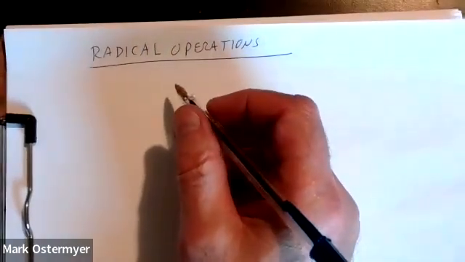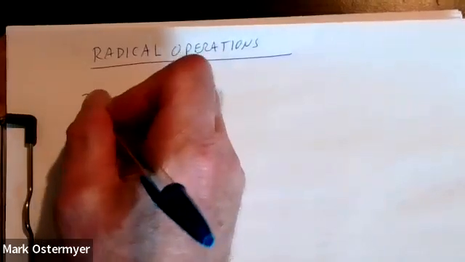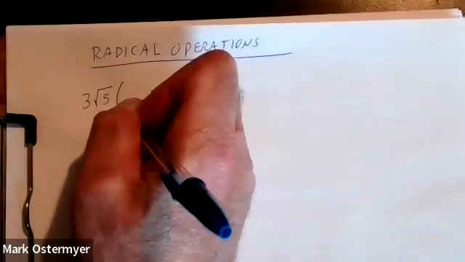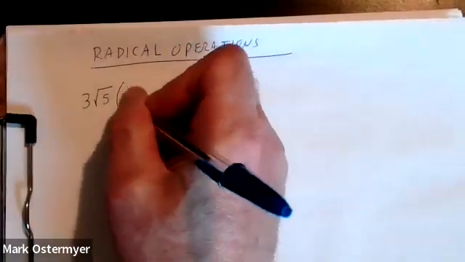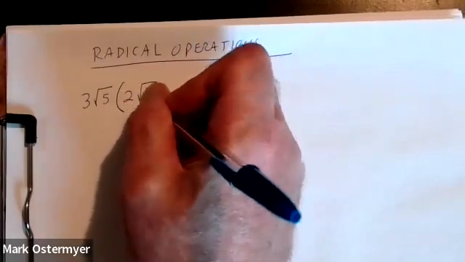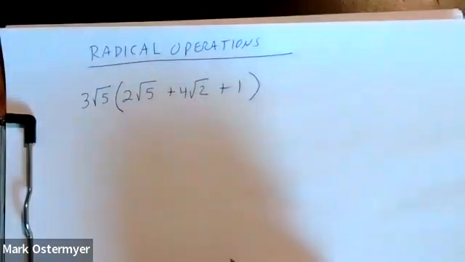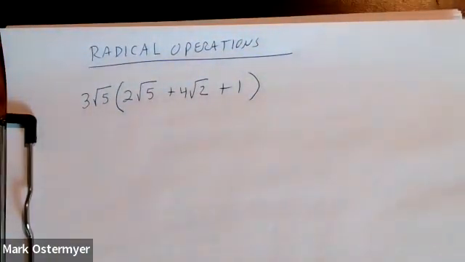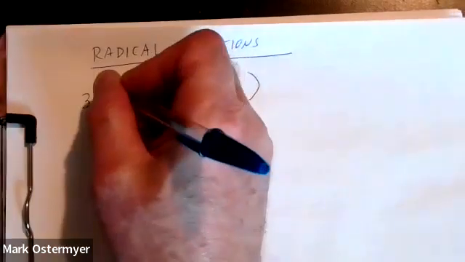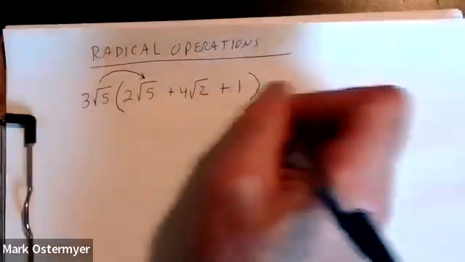All right, the first thing we're going to do here is take 3 times the square root of 5, and we're going to try to multiply this by the quantity 2 square root of 5 plus 4 square root of 2 plus 1. To do that, I'm going to utilize the distributive property. So the distributive property is going to enable me to take this and multiply it into each of these 3 terms here.